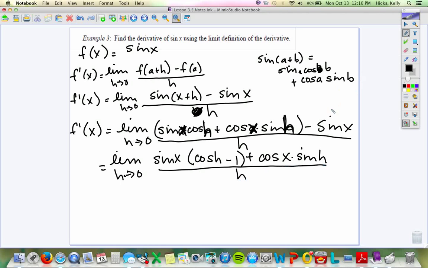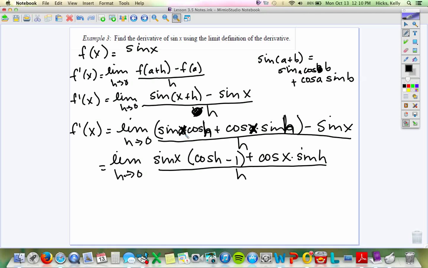All right, let me write it and then I'll discuss what I did. Okay, so what I did was I dropped the parentheses. I have sine x cosine h plus cosine x times sine h minus sine x. I dropped the parentheses. That's fine, nothing changes.